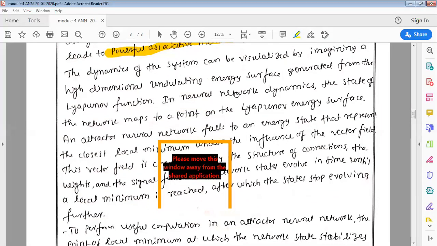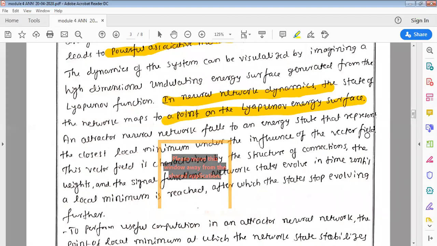In the neural network, the state of the network maps to a point on a Lyapunov energy surface, which forms the minimum. What are the states of the Lyapunov energy surface? A surface which is varying sinusoidally will have many minimums and many maximums.